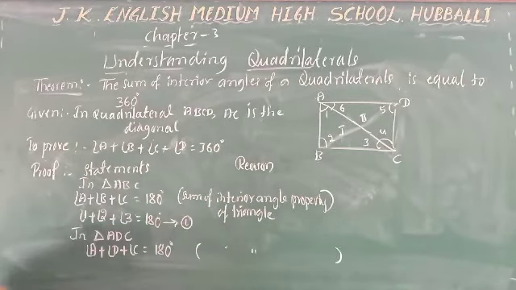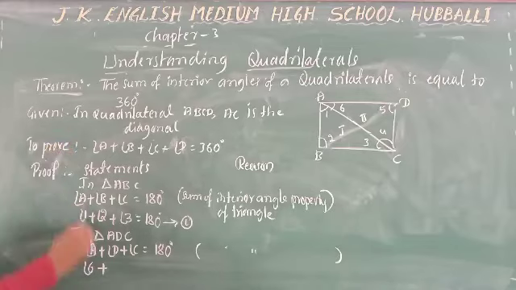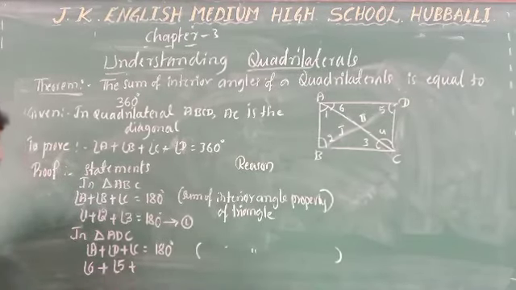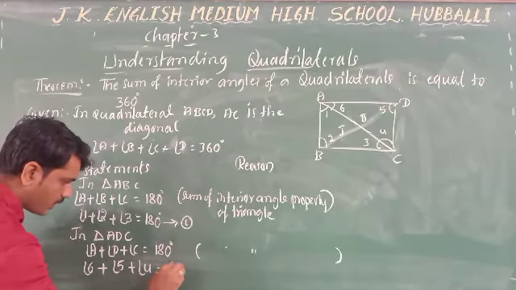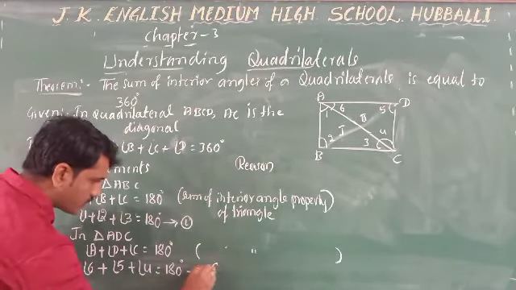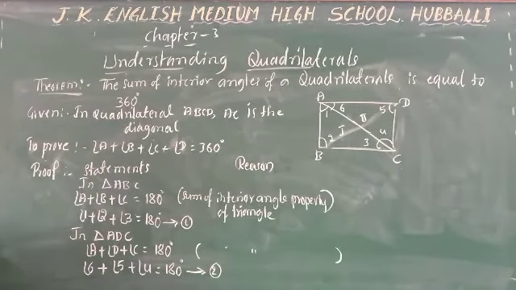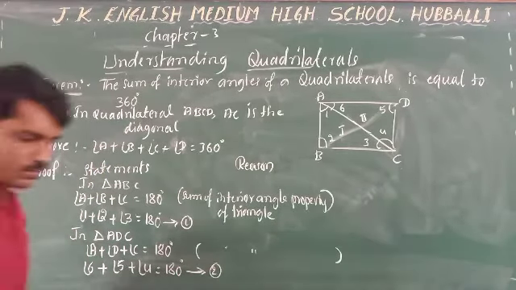Clear? Done. Next one. What is the angle A? 6. What is the angle D? 5. What is the angle C? 4, equal to 180. Let us consider it as equation 2. Clear? Done?